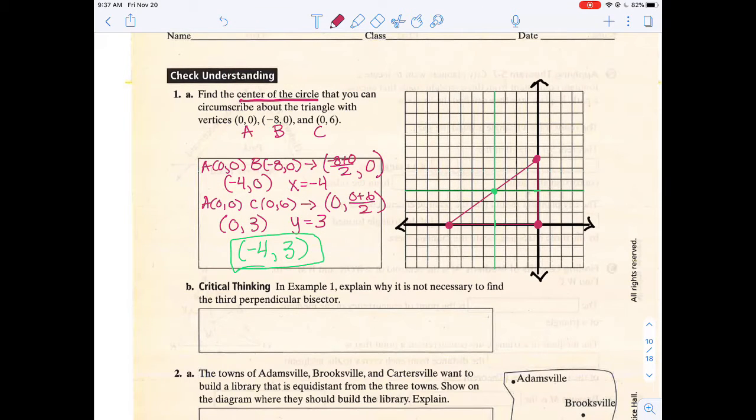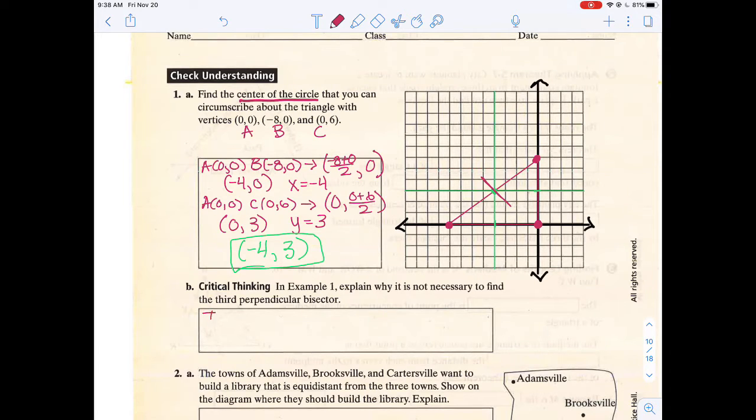Then in part B, it says, in example 1, explain why it's not necessary to find the third perpendicular bisector. Well, if you notice, the point that the two lines cross at lies on the third side. So the line that's perpendicular to that line will go straight through that point as well.